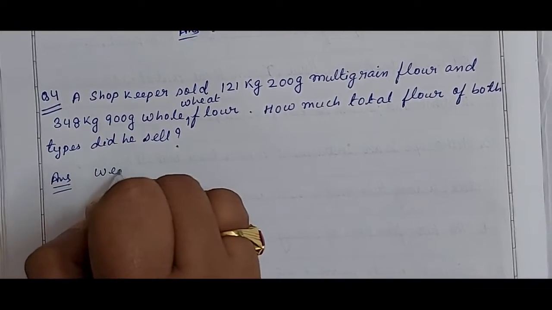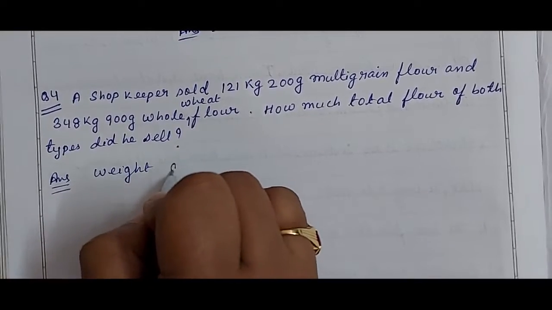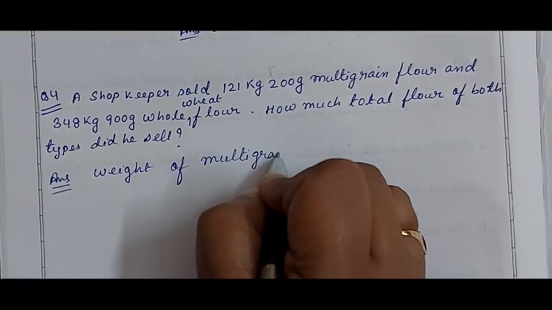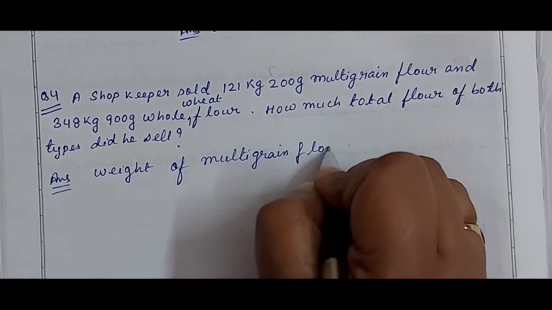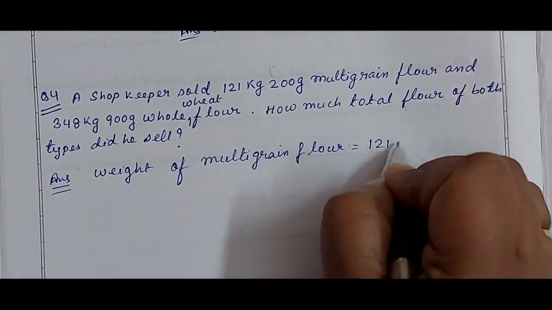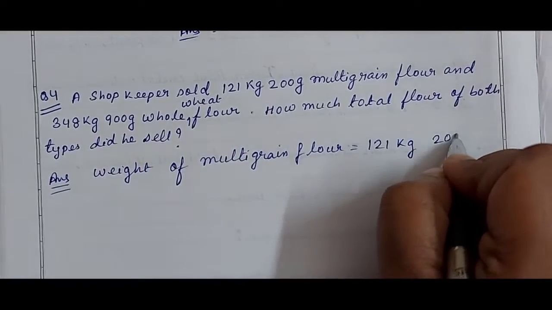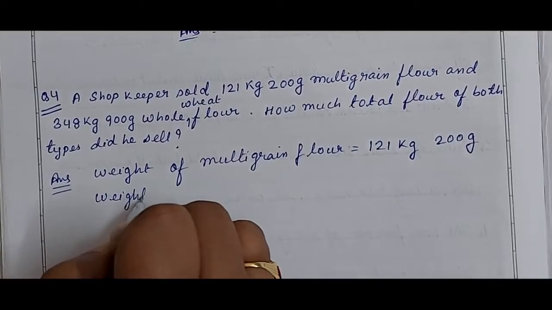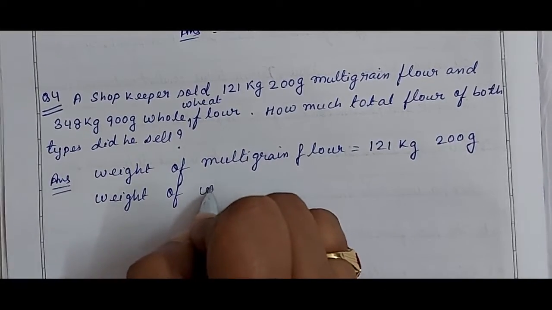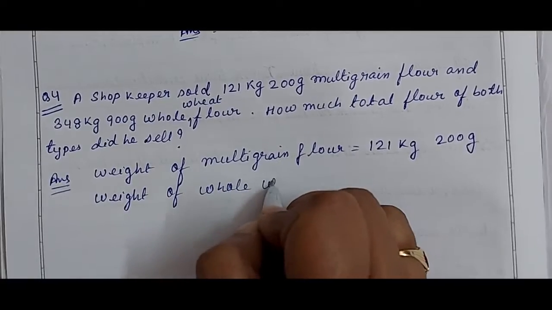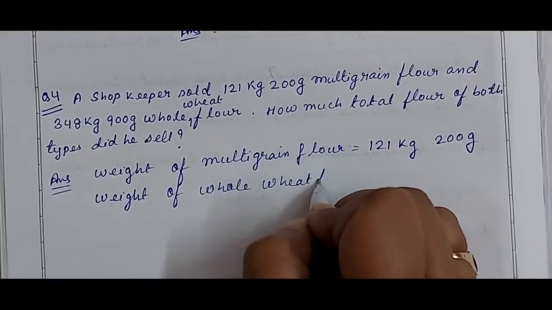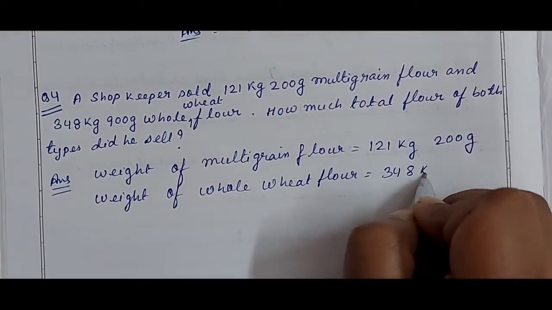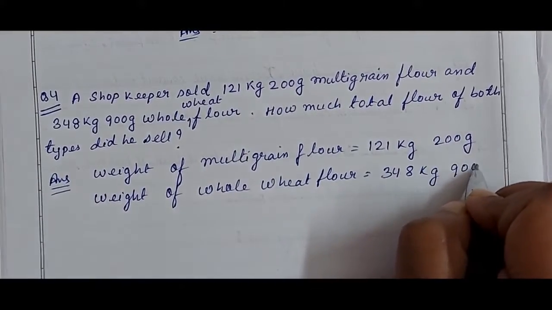Weight of multigrain flour is equal to 121 kg and 200 grams. Next statement will be weight of whole wheat flour. Weight of whole wheat flour is equal to 348 kg and 900 grams.